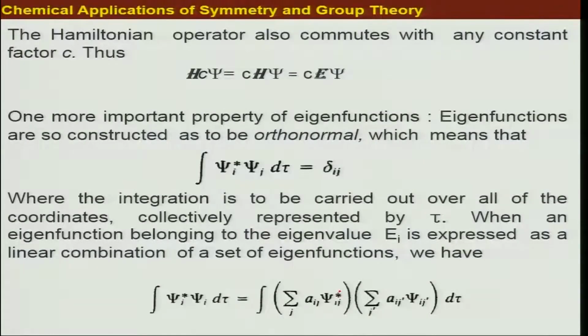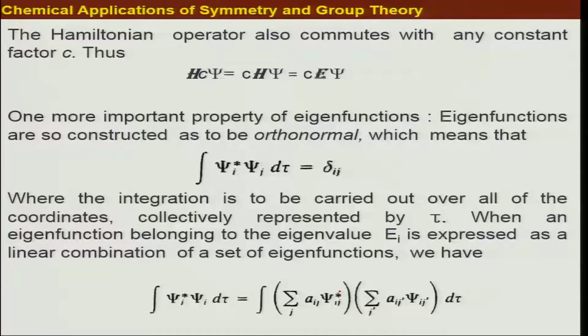Now, the Hamiltonian operator, apart from showing commutative property with the symmetry operations, also commutes with any constant factor, right. So, for example, the wave function is given as psi, but if I multiply this psi by any constant, that also doesn't change the state of the system, only the normalization constant changes.